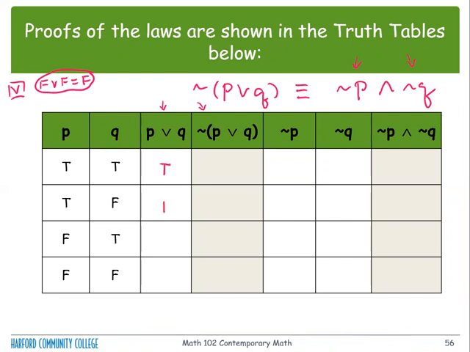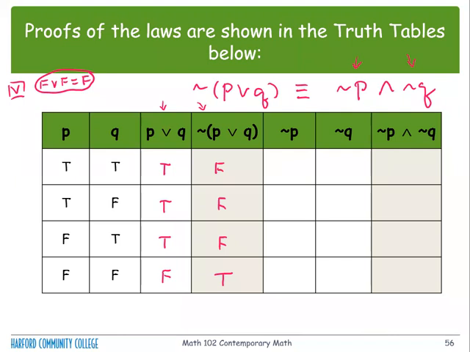True or false is true. False or true is true. False or false is the case that gives you false. And then whatever we get here, we apply the negation, which is the opposite of the truth value. Then we get false, false, false, and true. Set it aside because this is the value for the left statement.